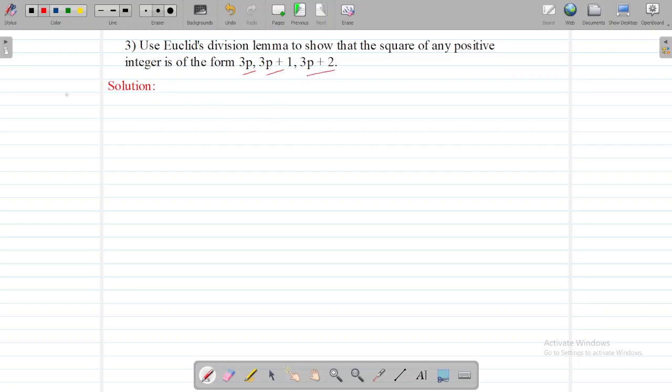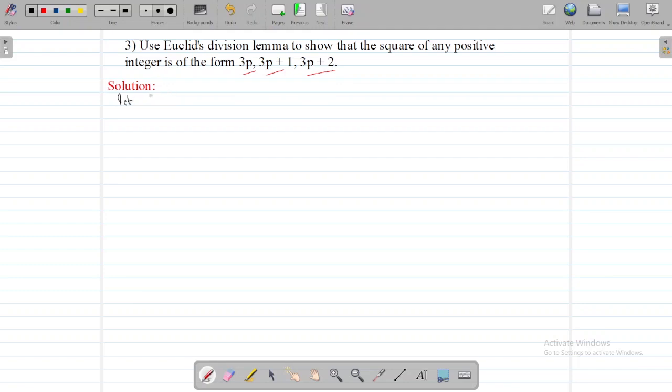So for that we will take the value. Let a be the square of an integer. So we'll write like this.